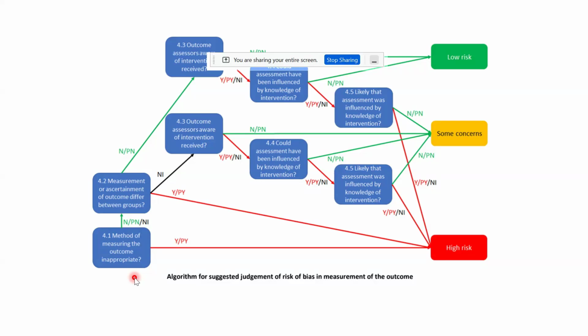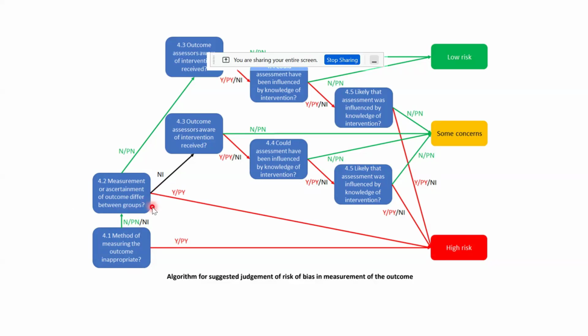Or if this was a trial where the outcome was something such as depression, then there are different scales that could have been used. So our first step is to ask whether the method that had been used for measuring the outcome was inappropriate. If it was inappropriate, then it automatically becomes high risk. Our next question would be: did measurement or ascertainment of outcome differ between the groups?